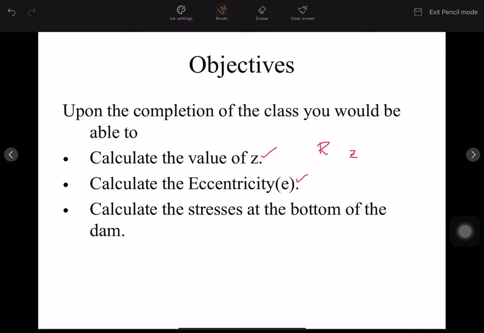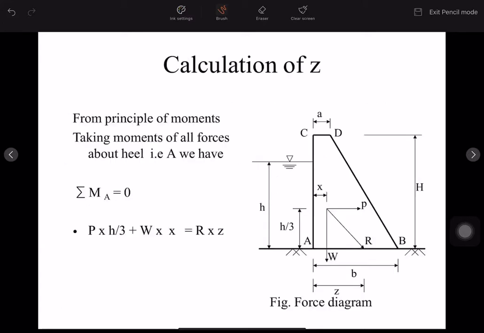So let's look into the topic. The calculation of Z requires writing a moment equation.